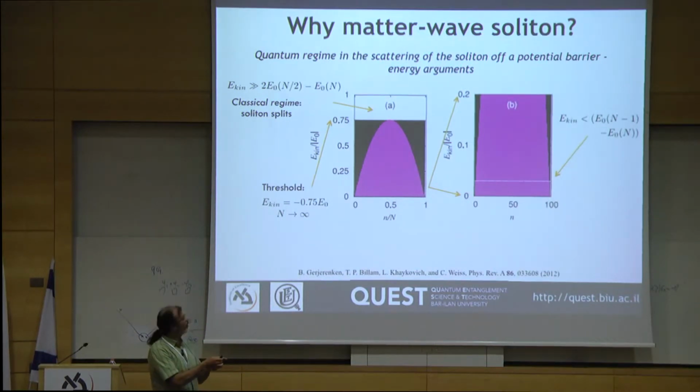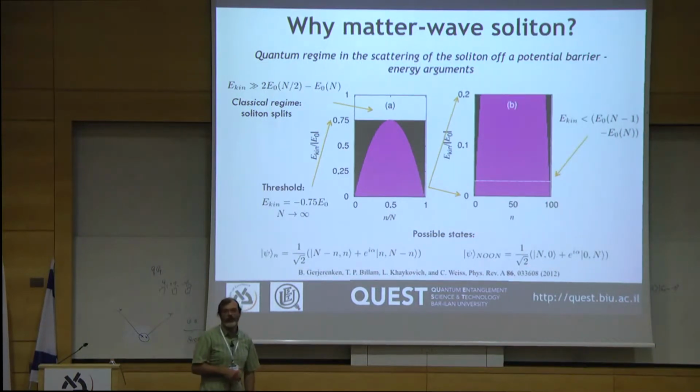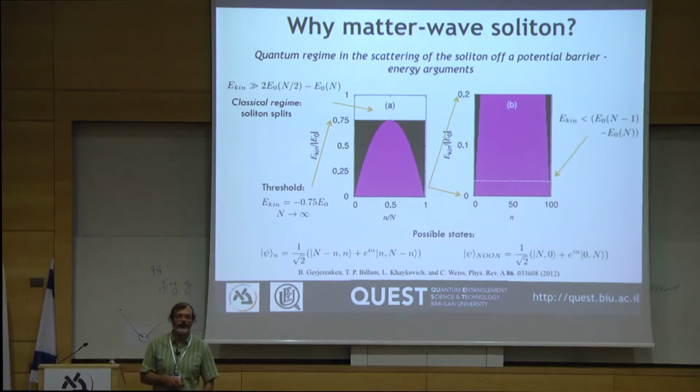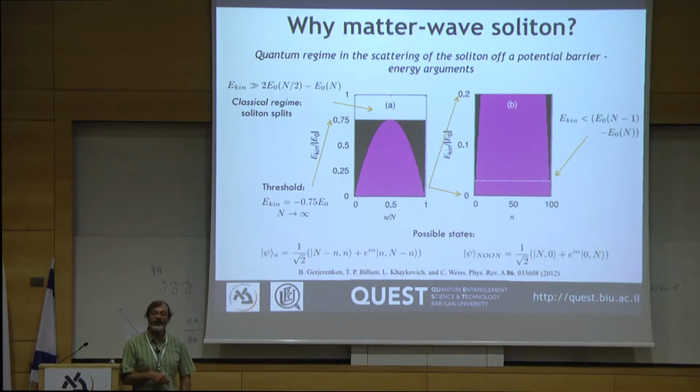So this is a very demanding, small kinetic energy. But if you reach this regime, then the possible states in the collision against the barrier will be the truly known state.